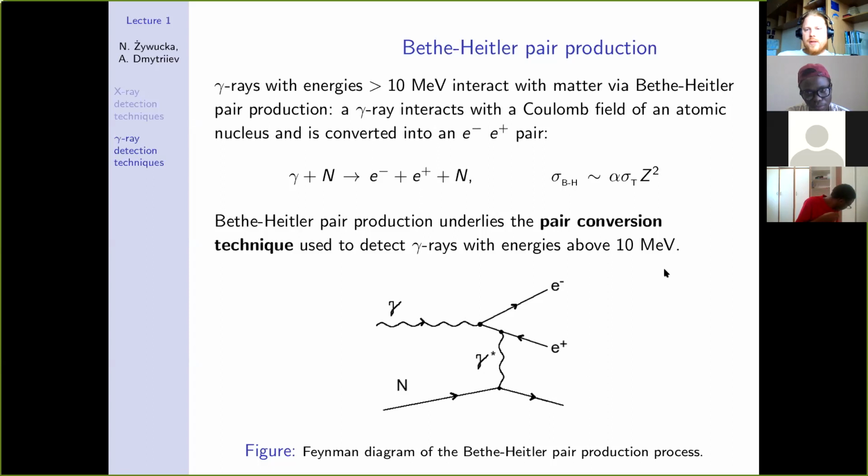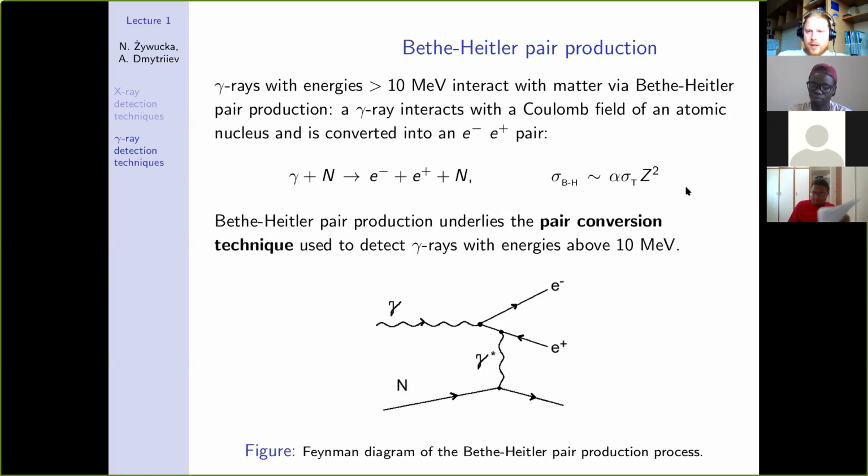However, you have the Z squared coefficient. Z is the nucleus charge. For instance, for aluminum, I think it's 14, if I remember well. And so the higher is Z. This is why people use lead shields to protect from gamma ray radiation, because that's the high Z. There is a higher probability of interaction.